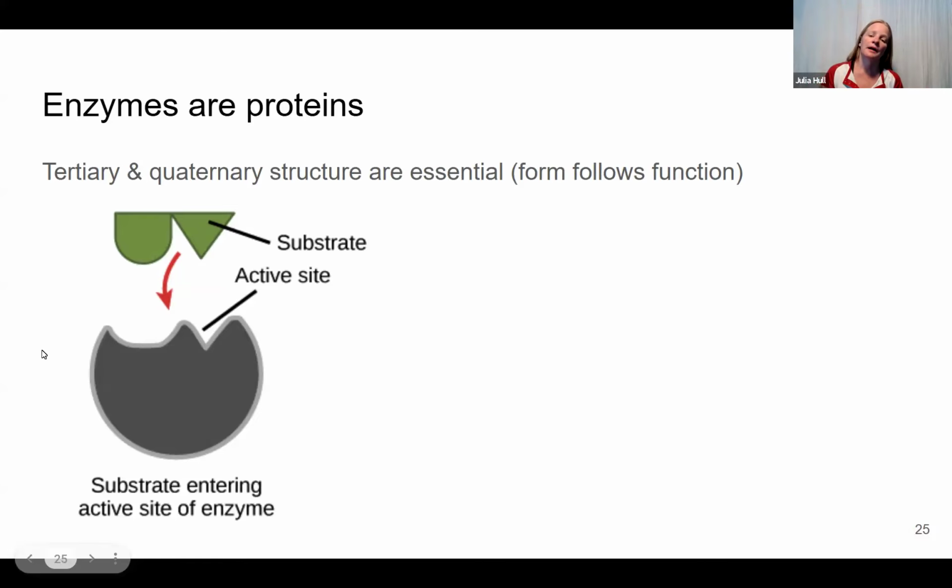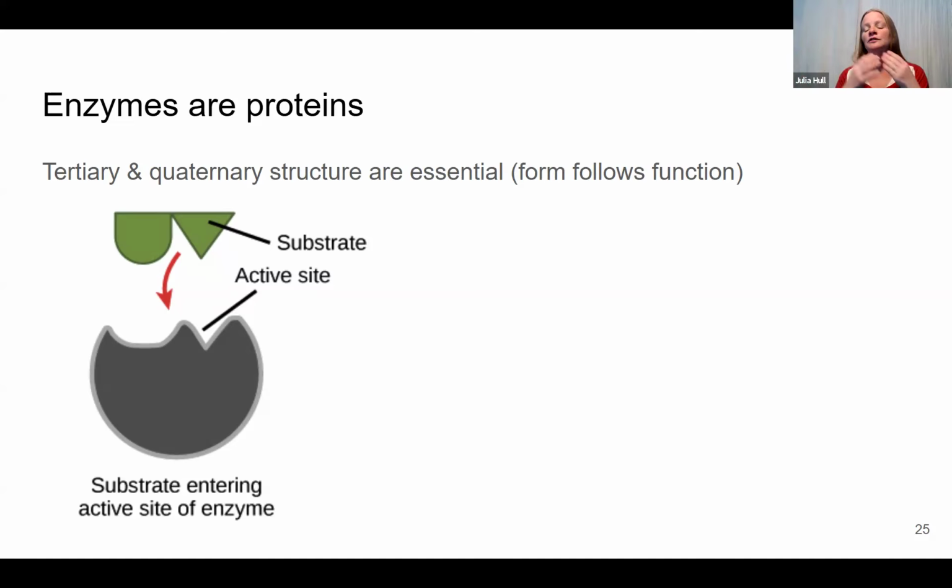Okay. Now, with an exception that we will get to later in the semester, enzymes are proteins, right? Except for the weirdos that we're going to talk about later. We know that protein structure is really important to its job, right? When we twisted up those little pipe cleaners, we talked a lot about how form follows function.